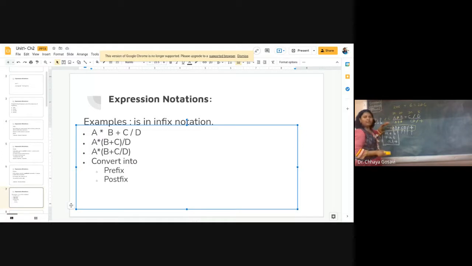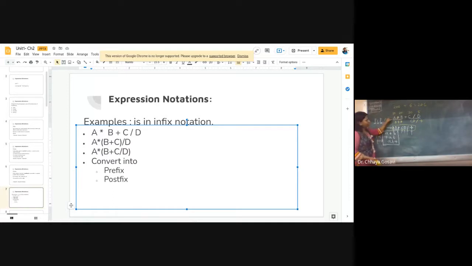And these are left associative operators. So the left hand side should be executed first. So A star B, which is 10 into 20, is 200, will be evaluated first. Then C slash D, that is 30 divided by 5, is 6. And at the end, we are going to perform the addition operation. Addition has lower priority than multiplication and division.